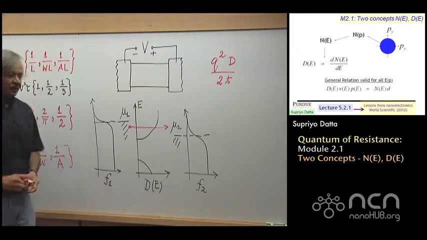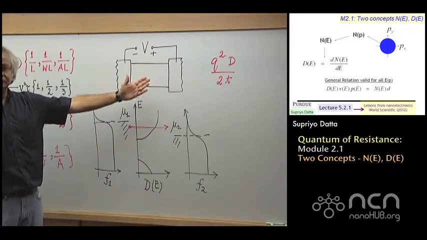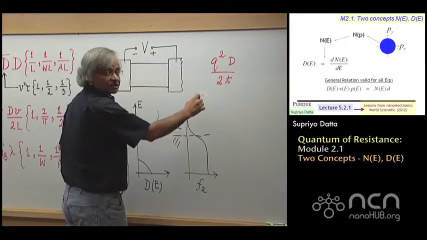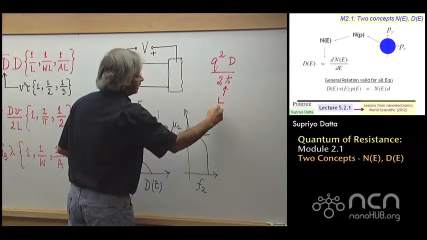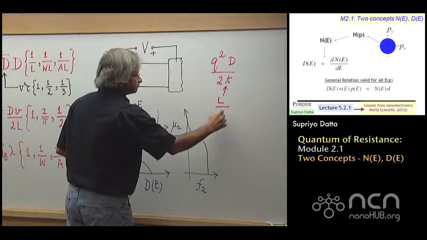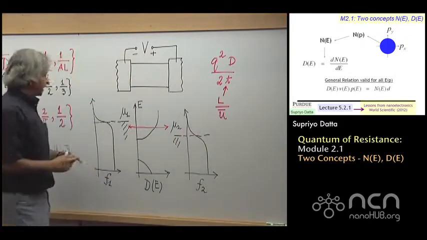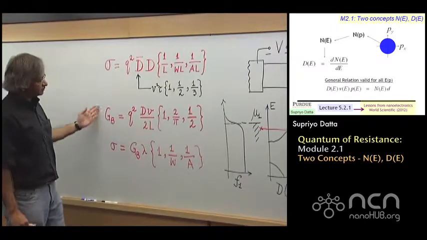And then we said, well, if you have a ballistic conductor where electrons go straight through, then you can write this time as length divided by the average velocity.